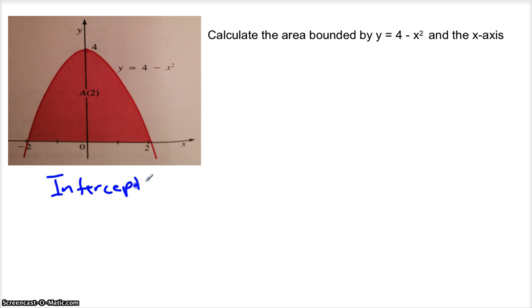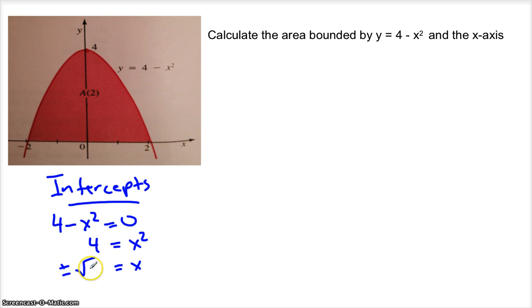So in this example, you can see what they are, -2 and 2, but how would you figure that out? Let's just quickly review that. You set it equal to 0, right? And then you need to solve for x, and x will be positive and negative square root of 4, so you have two intercepts, positive and -2, which we have in the diagram here.